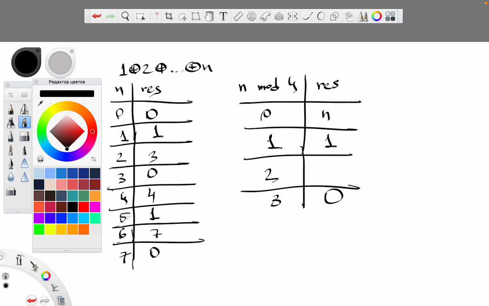Then we'll XOR it with this value, which is n, which was divisible by 4, XOR 2 and XOR 1, so it's n XOR 3, but that means that it's n plus 1, and then 0.